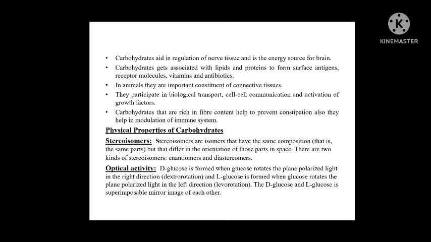Here, D-glucose and L-glucose have the same composition, C6H12O6, but they vary in orientation of those parts in space. If there is variation in the arrangement or orientation, such types are called stereoisomers. Coming to optical activity, D-glucose is formed when glucose rotates the plane polarized light in the right direction.